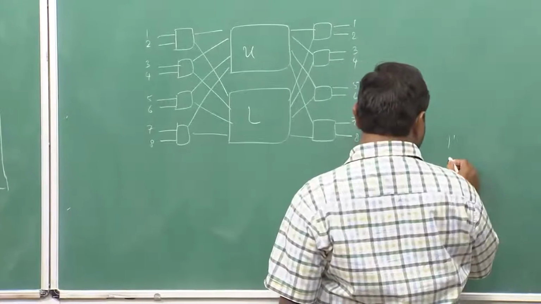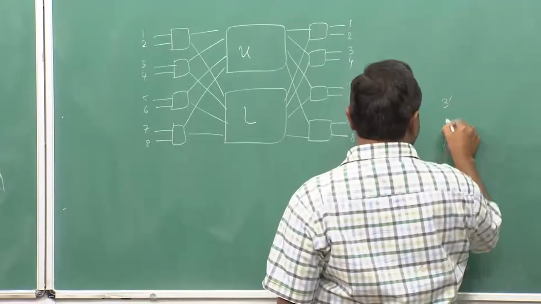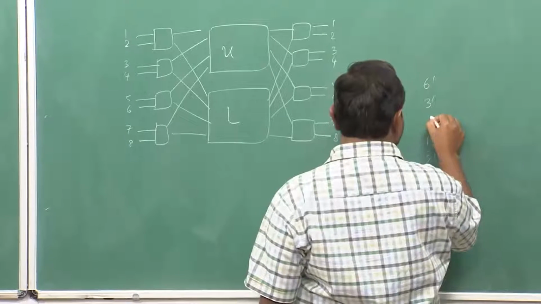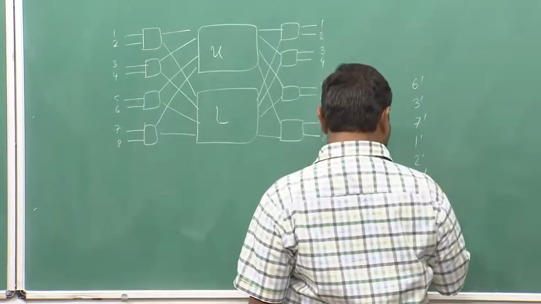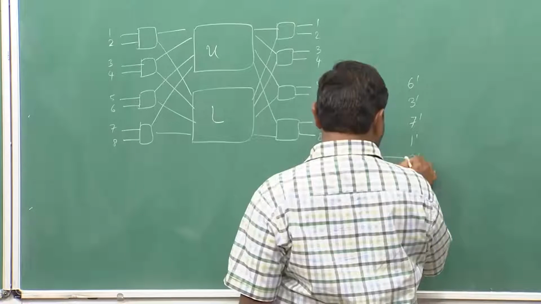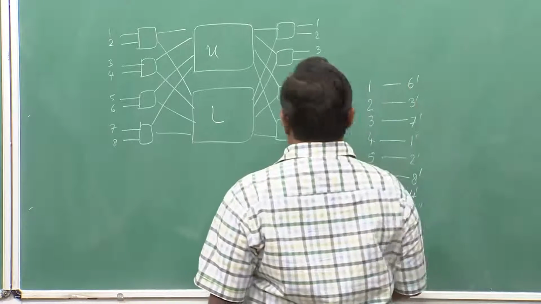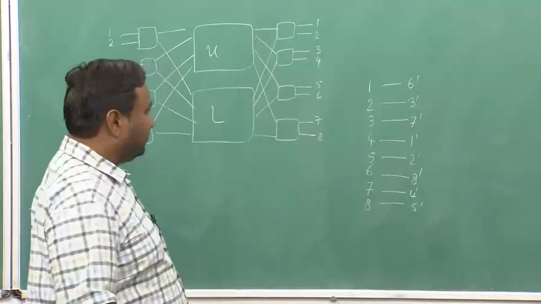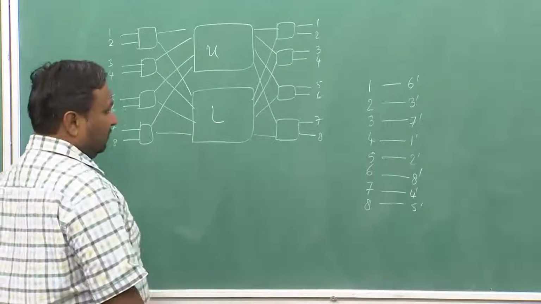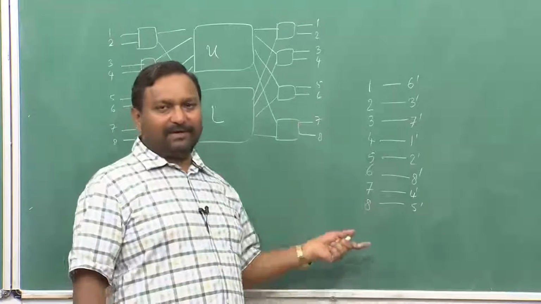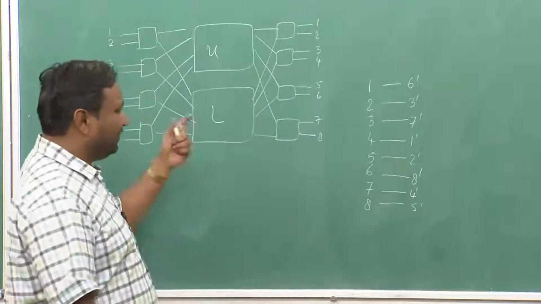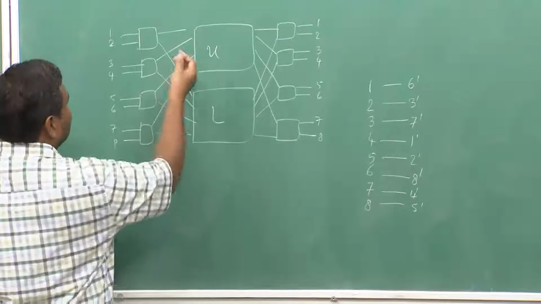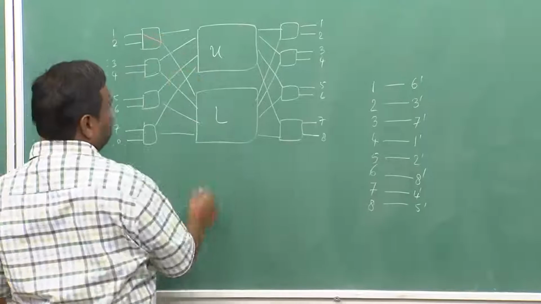Let us set up a connection and see what happens. I have to do it in an arbitrary fashion. Normally if you do it in sequence, you will end up in a non-blocking system, you will not get a blocking state. So, 1 to 6 if I want to do it, let me do it in arbitrary fashion.